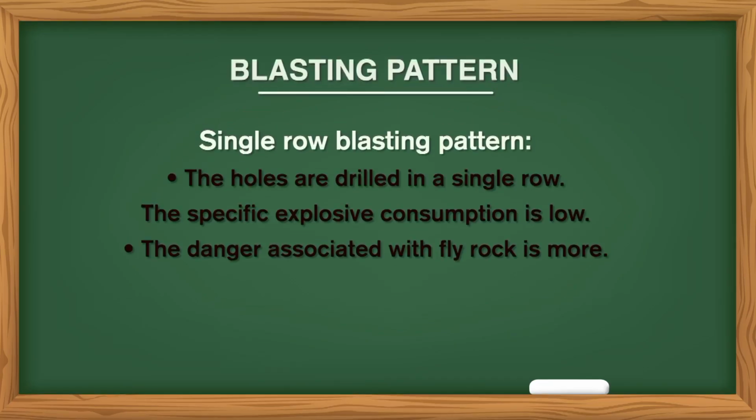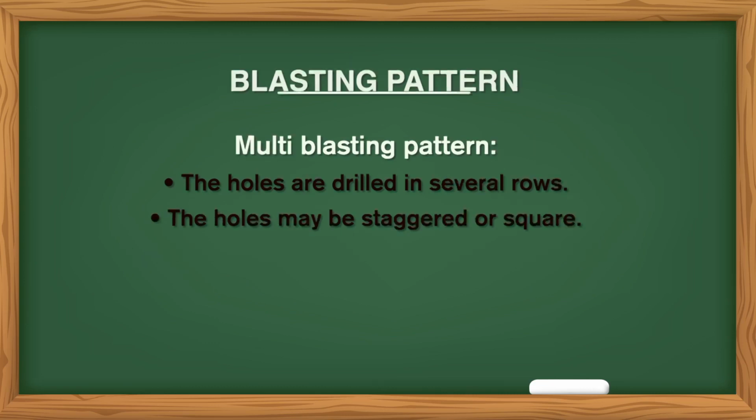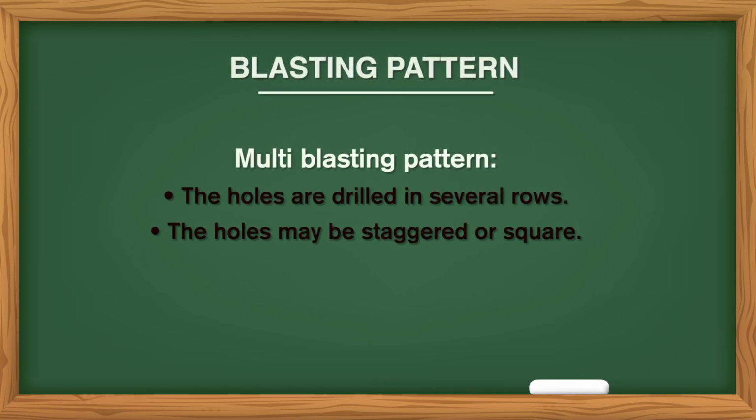In the first, single row blasting pattern, the holes are drilled in a single row, and the specific explosive consumption is low. The danger associated with fly rock is more than in multi row blasting pattern. In multi row pattern, the holes are drilled in several rows.